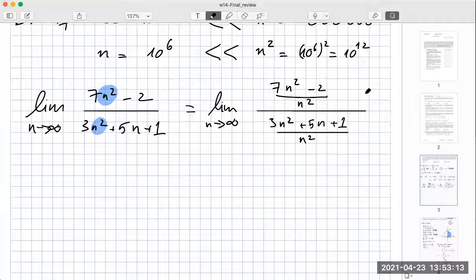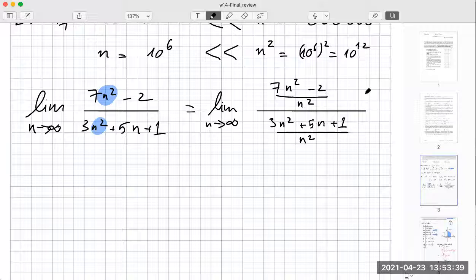Now, suppose the degree of the numerator is smaller than the highest degree of the denominator. When n gets big, it would be a very small number divided by a very big number. So it makes sense to say that it is converging to 0, right?